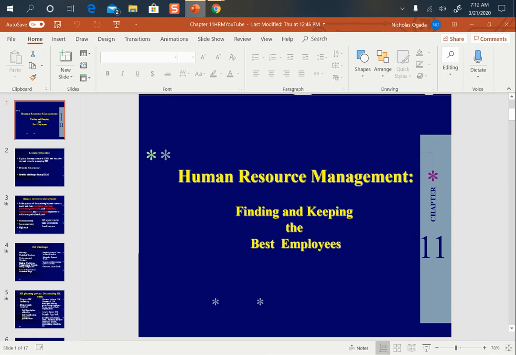This is a very broad chapter which covers most of the information that is covered in the human resource management discipline. Therefore, what we're going to try to do is to highlight some of these processes and give you a clear perspective of what human resource management is all about.